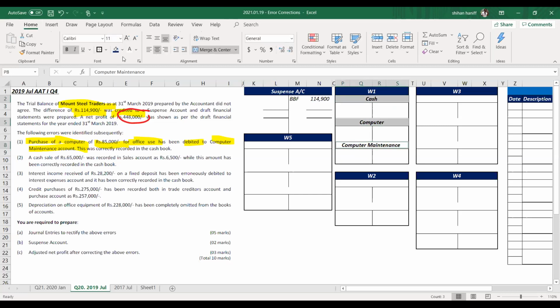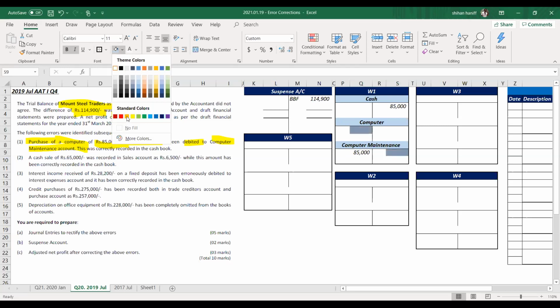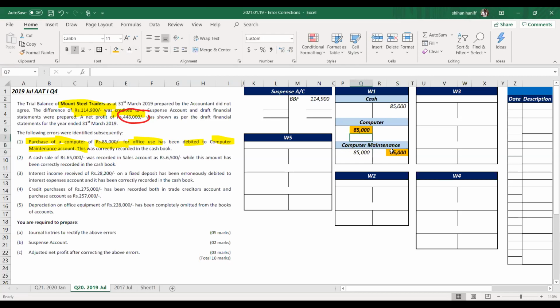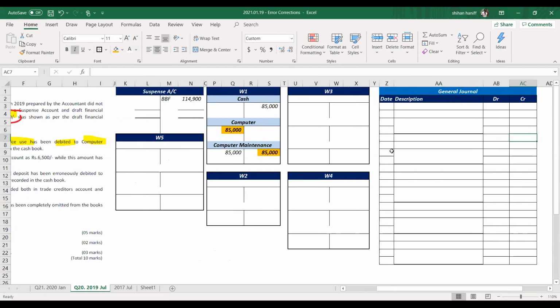Cash was correctly recorded 85,000, but it was debited to computer maintenance. But this is not computer maintenance, this is computer. So the correction entry will be computer maintenance credit 85,000 and computer account debit 85,000. That's the double entry for the correction.